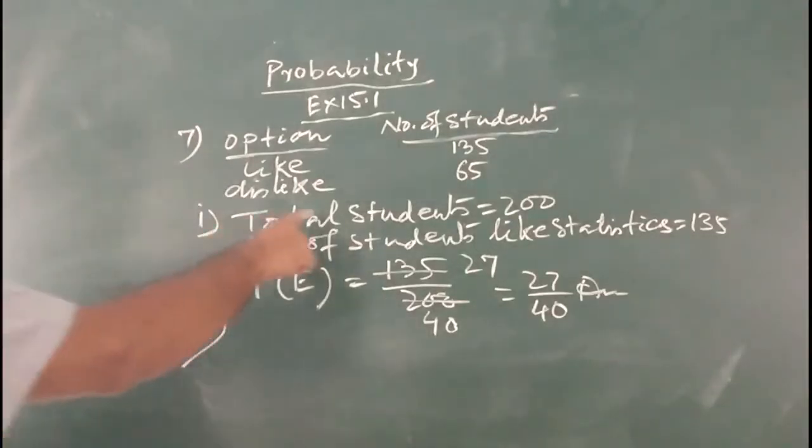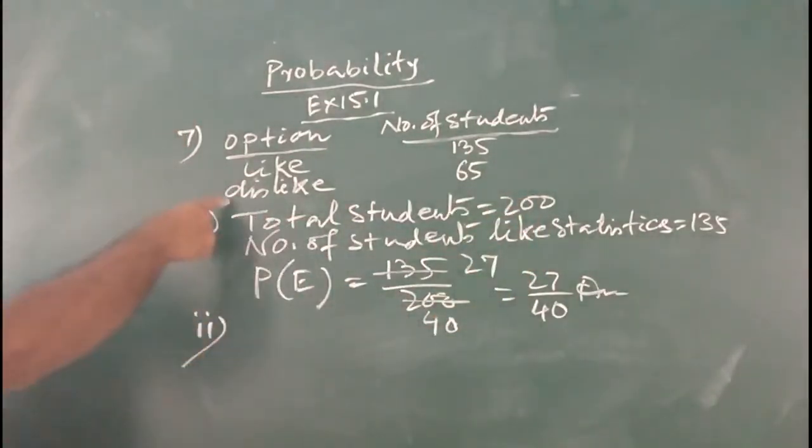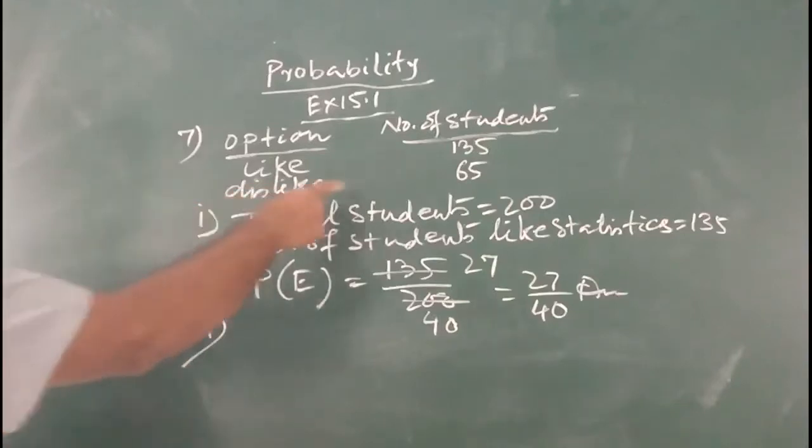Number 2, total number of students 200. In number 2, the probability of dislike.